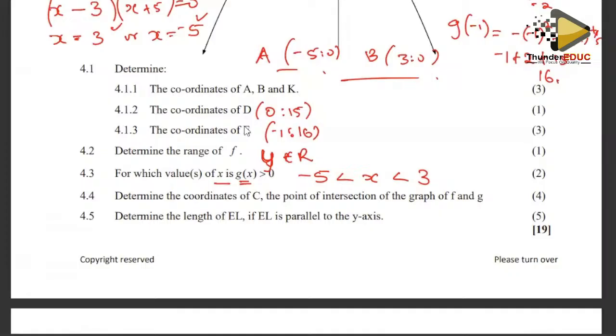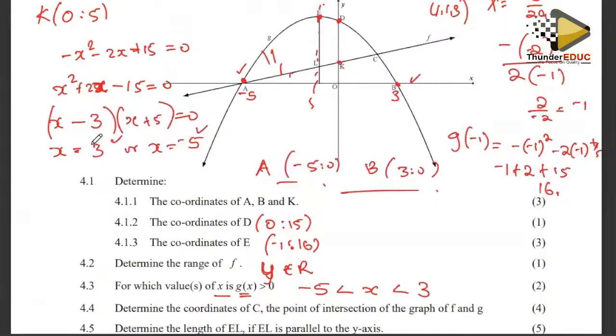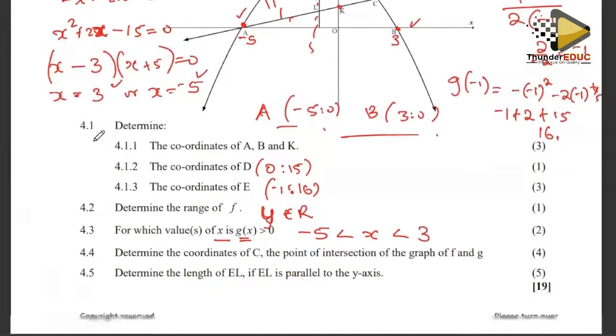Okay, so that is 4.3. Then 4.4, they want the coordinates of C, the point of intersection of the two graphs.